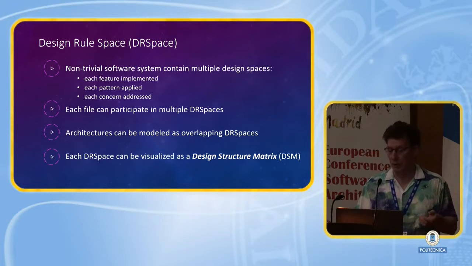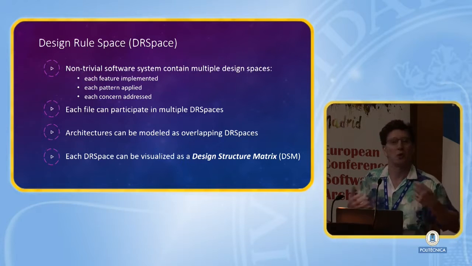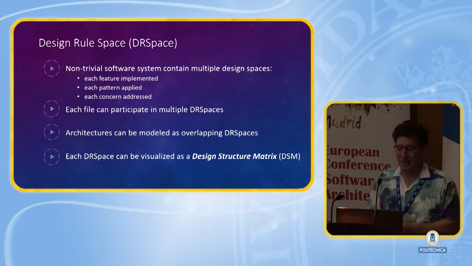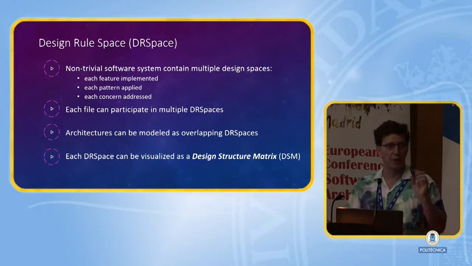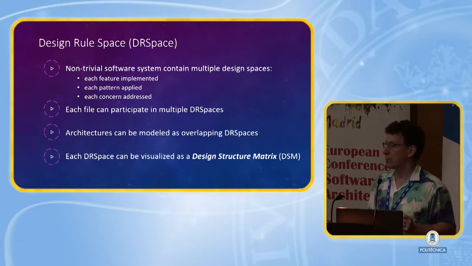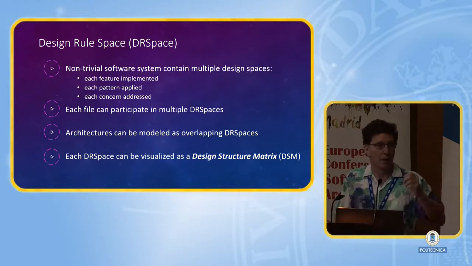Every non-trivial software system, everything that has some complexity, so forget Hello World, but real software systems, contains multiple design spaces. You can look at the design space for each feature implemented, for each pattern that is applied, or for each quality attribute that's being addressed.